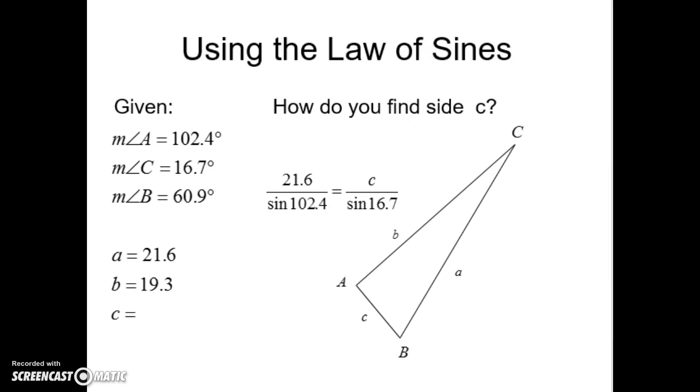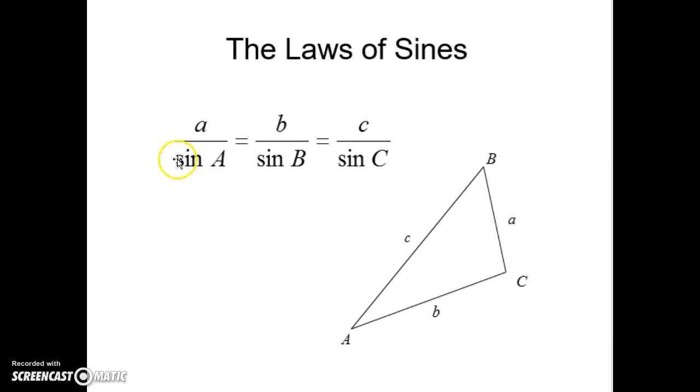So now, if they want us to find side c, we're going to use the ratio. We could use either ratio. We could use side a over the sine of A, or we could use side b over the sine of B. Here, they've used little a over the sine of big A, but it could be anything, because going back up to the law of sines, we can use any part of this ratio.